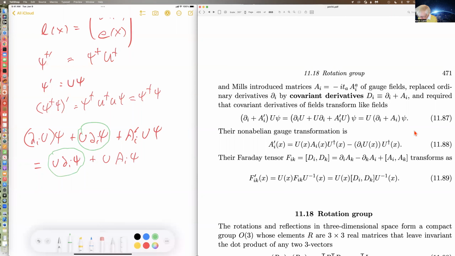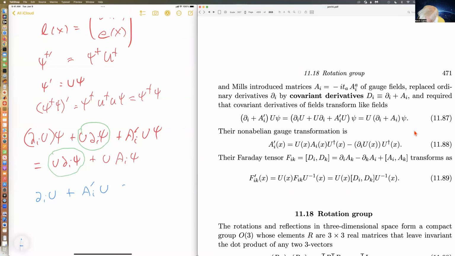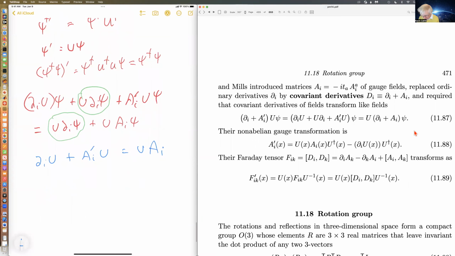And now we can factor out psi, and if we factor out psi, then what we get is di U plus AI prime U is equal to U AI, factoring out the psi.